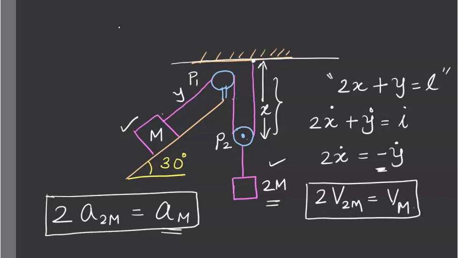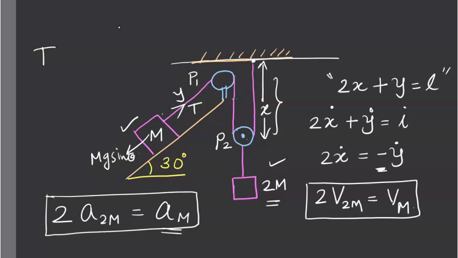Now how will you solve this? You can take this case like this. For m, if you draw the free body diagram, then this is T, and here the component is mg sine theta. I am assuming frictionless surfaces.